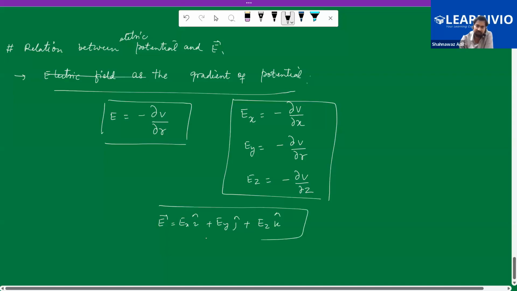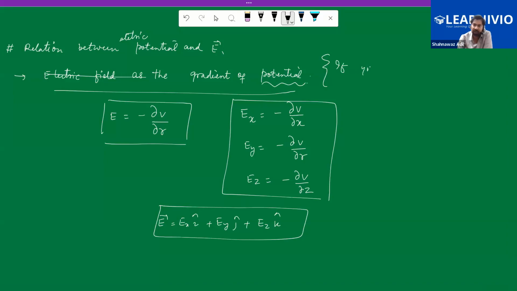So if you are given a potential, then you can calculate the corresponding electric field.